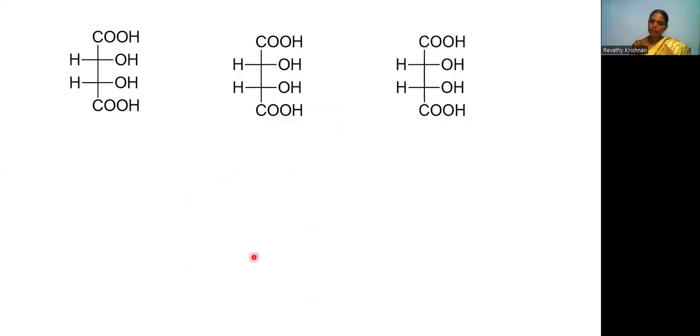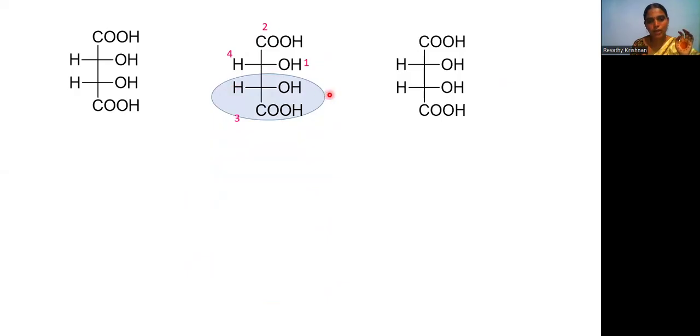Similarly, we can have some other examples also. We know that it is an example of tartaric acid. In this tartaric acid, how are we going to assign the RS configuration, which has 2 chiral carbon atoms? So when considering this chiral carbon atom, the connecting groups are OH, acid, hydrogen, and the rest of the molecule as a single moiety.